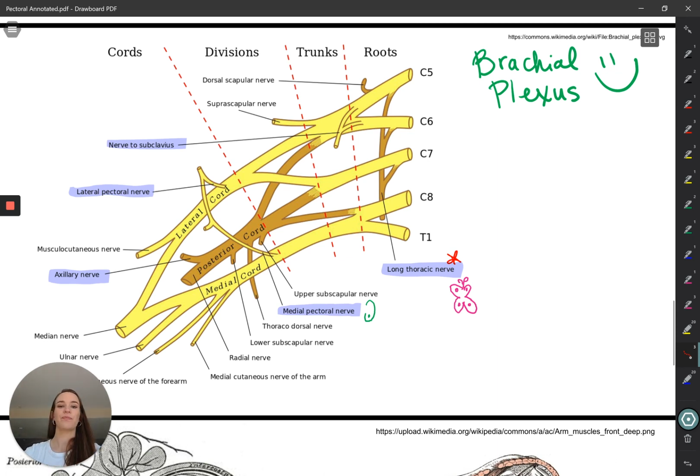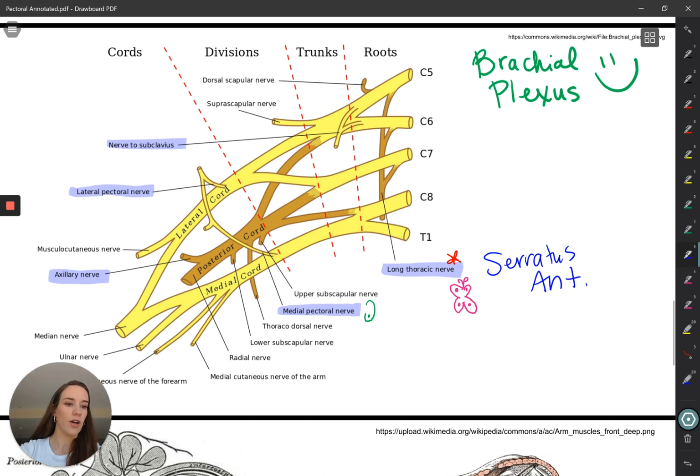This one's really fun. So long thoracic, we can see here, it gets contributions from multiple roots. And long thoracic nerve is going to innervate serratus anterior. Okay, so the reason I have all these little things around it is that there's multiple things to talk about.